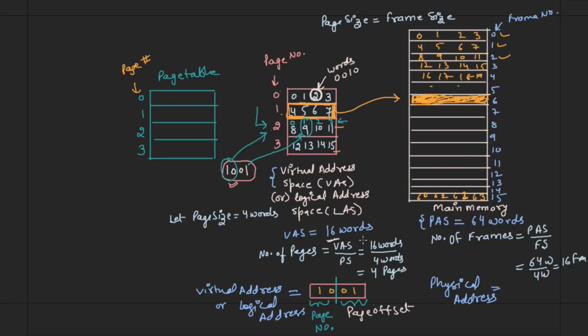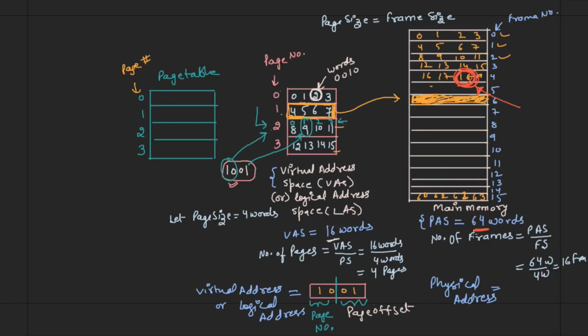You understand this? Okay, so in the same way, if we discuss about the main memory, now this main memory is having a total of 64 words. If I take any random word, for example, if I take this particular word, if I want to give the address of this particular word, to represent the address we are going to require 6 bits. Why we are requiring 6 bits? Because we have to represent a total of 64 words.